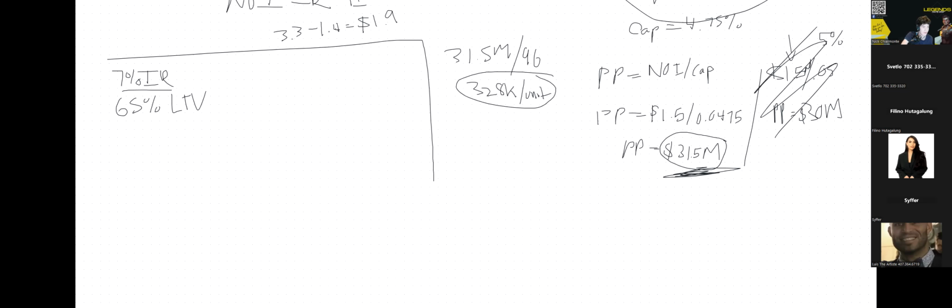So we can get a loan for 65%. What is the amount we can get on this loan? So 65% of our purchase price of 31.5 million. How much is the loan of this property going to be? Put it in chat.